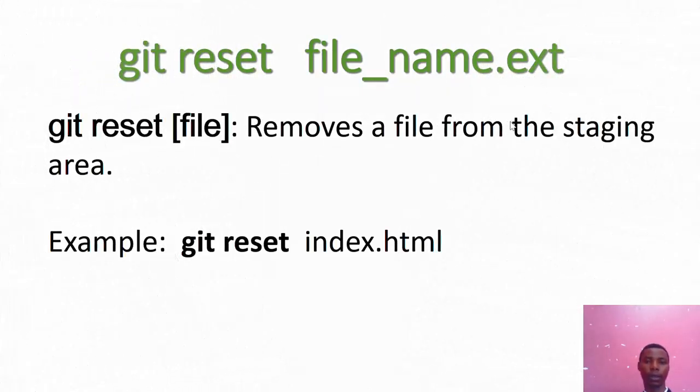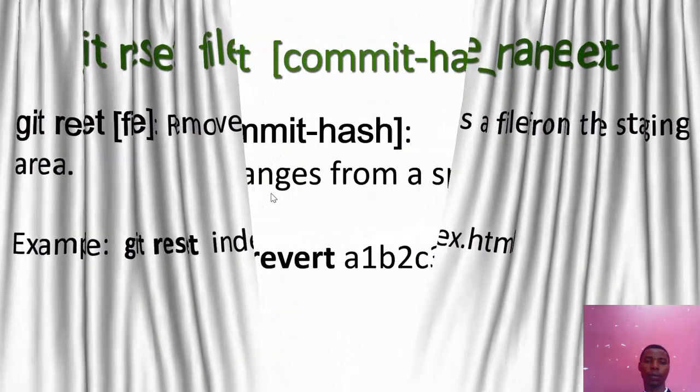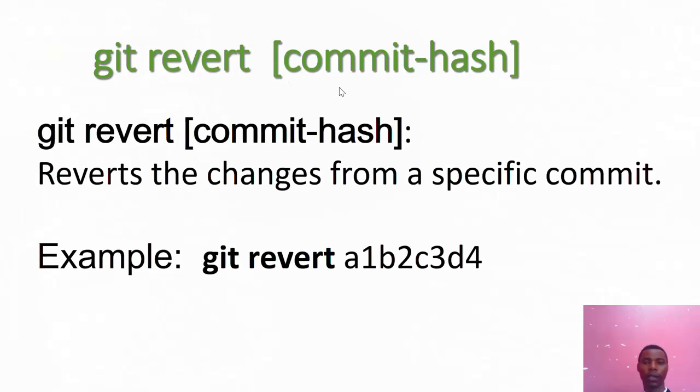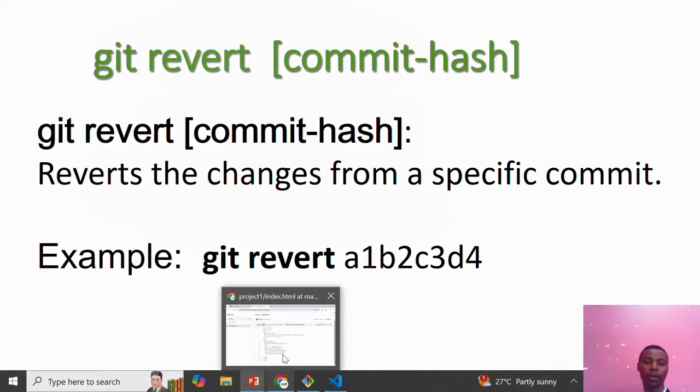Git reset file name.extension means remove a file from the project staging area. Git revert reverts the changes from a specific commit, using the commit hash.